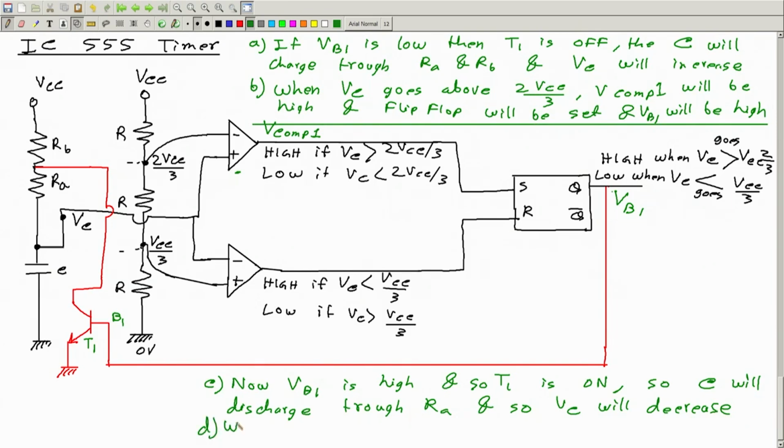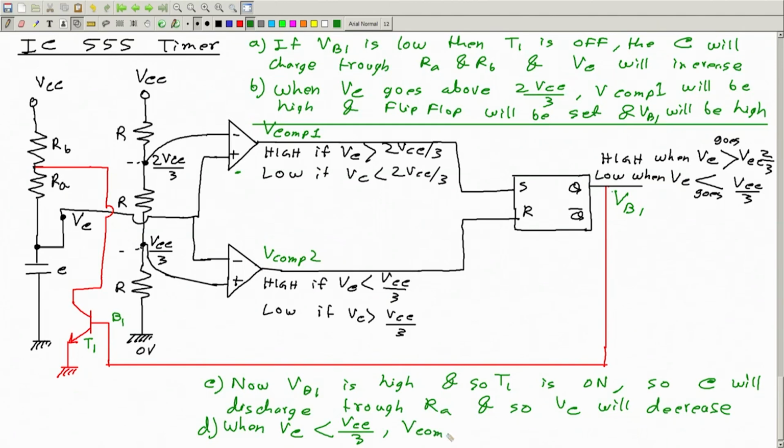And the last thing: Vc is now decreasing. When Vc decreases below this level, Vcc divided by 3, call this V comp 2.